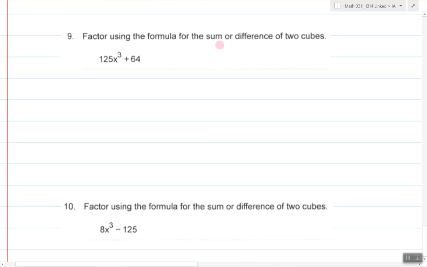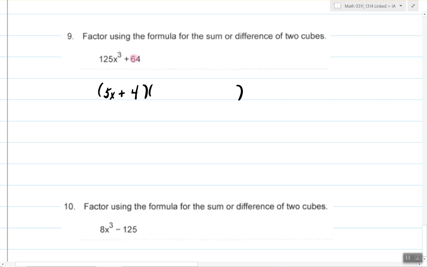Number 9. This is the sum of two cubes. The cube root of 125 is 5. So the cube root of that entire term is 5x. Keep the plus sign. The cube root of 64 is 4. Now be careful. 64 is one of those unusual numbers.